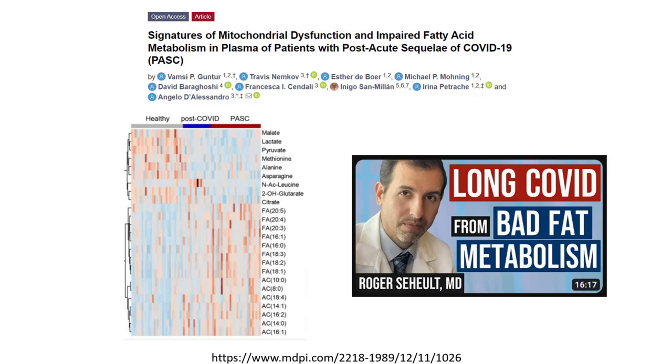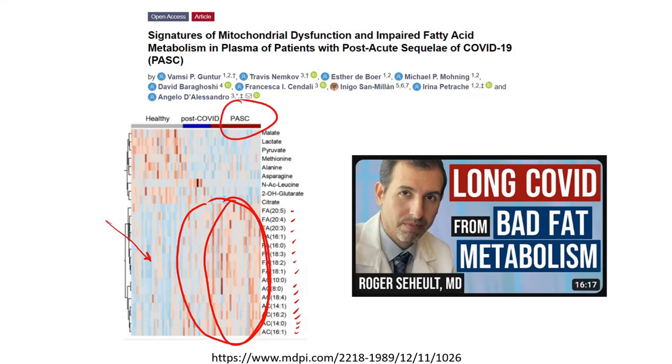You know, on our channel, we've talked about long COVID. Many people have long COVID. And what they're showing here is that in people who have long COVID, specifically these people over here, notice how it's red there, but it's blue over here by the arrow. What that's showing you is that all of these fatty acid enzyme metabolites are slowing down, it seems, in long COVID, which is PASC.